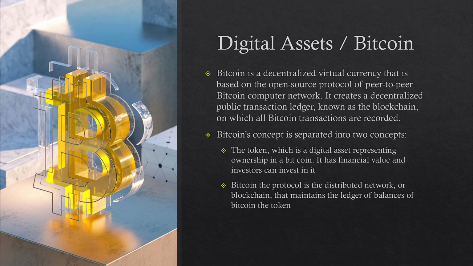So it's the protocol with the distributed network or blockchain that maintains the ledger of balances of bitcoin, the token. So bitcoin is usually referred to, when it is a lowercase b, as the actual token, which has the financial value. When it's a capital B, it's often referred to as the blockchain.